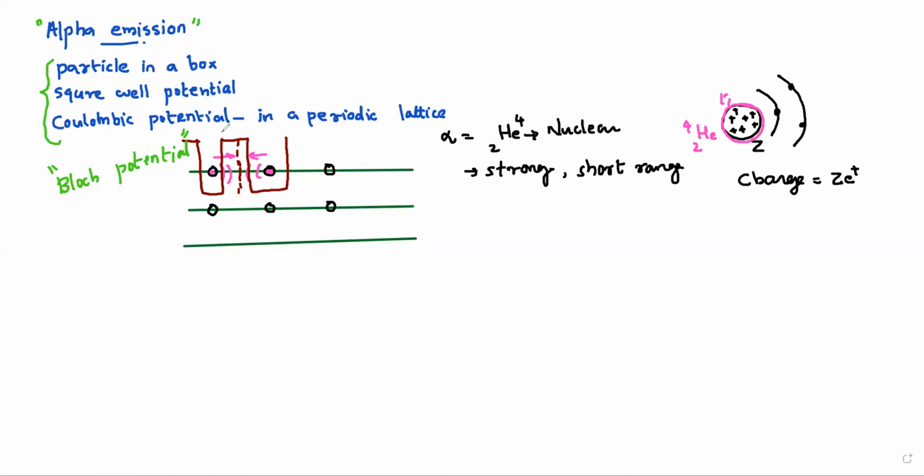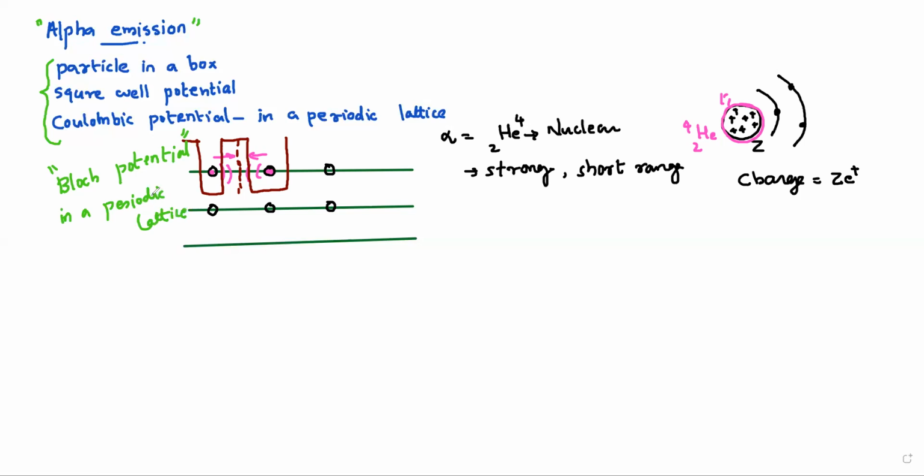In the case of the nucleus, there is only the attractive force, or strong nuclear force. After that, the Coulombic potential starts. And in a periodic lattice, it is called the Bloch potential.